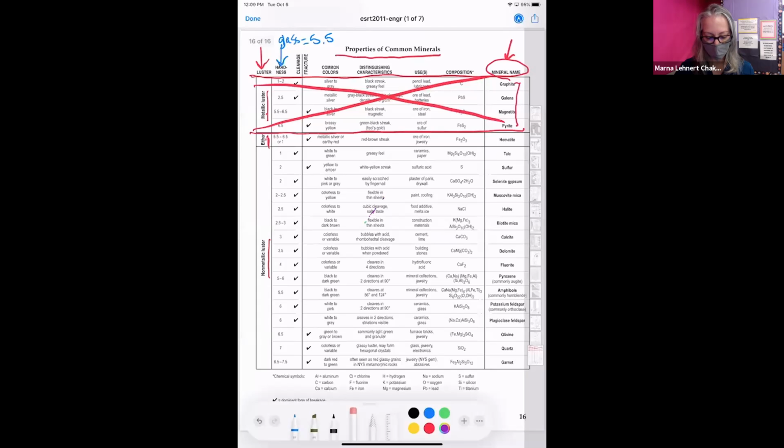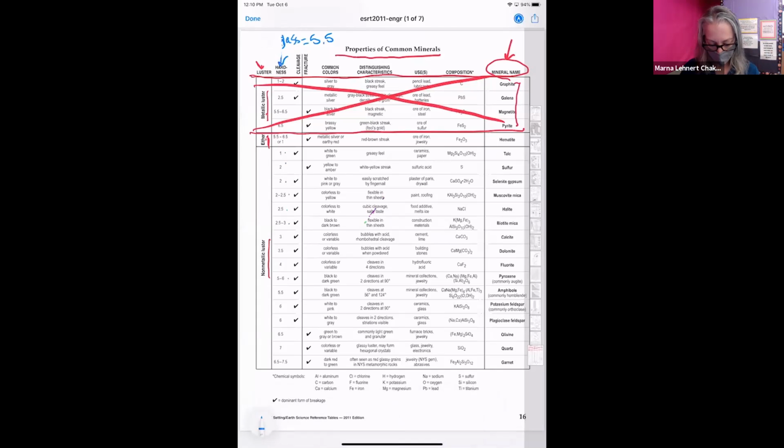So because glass has a hardness of 5.5, I'm looking for a number that's less than 5.5 on this list. What did I say? Softer than glass, sorry. I get mixed up sometimes.